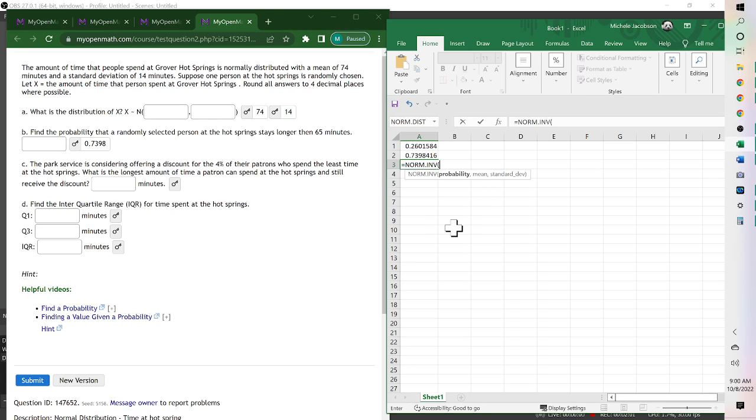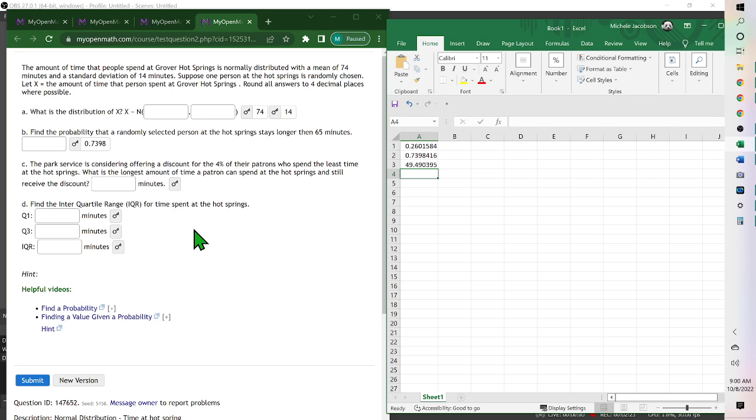And the probability was 4%, written as a decimal, 0.04, comma, your mean, which was 74, and the standard deviation of 14, and you hit enter, and there's your answer, 49.4903.